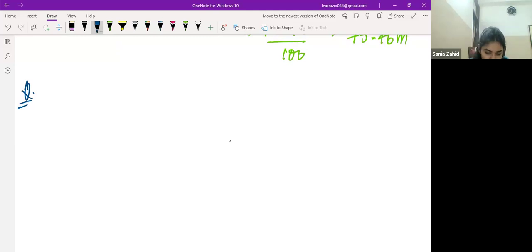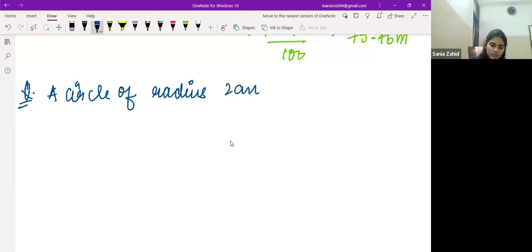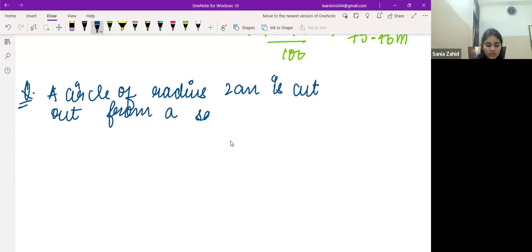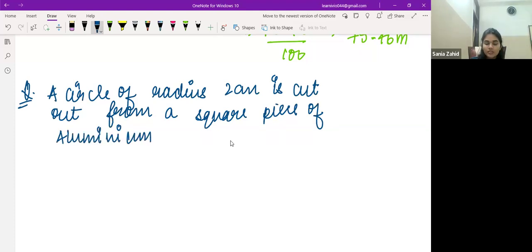A circle of radius 2 centimeter is cut out from a square piece of aluminium sheet of side 6 centimeter.